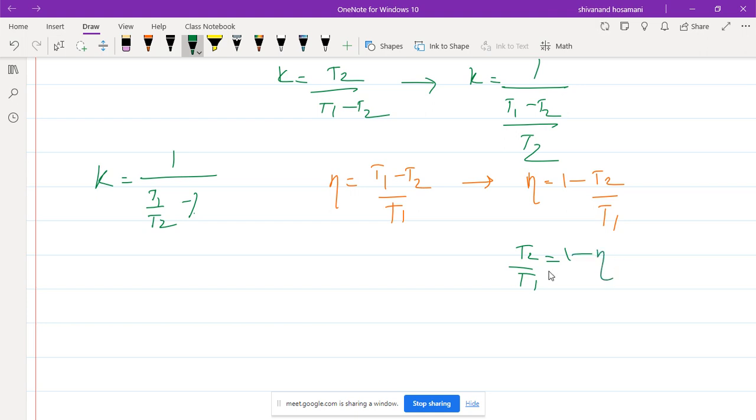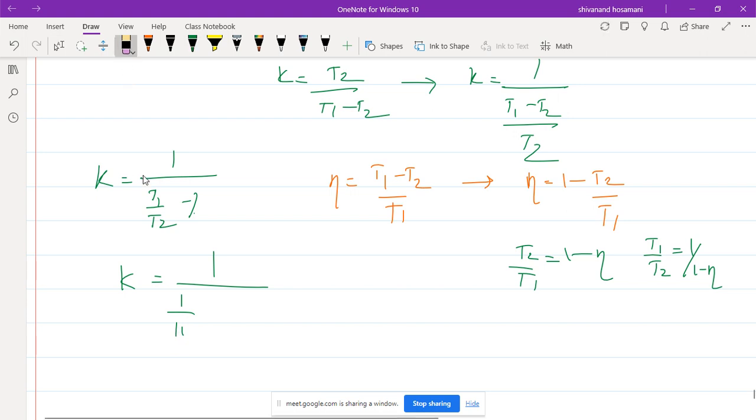So T1 by T2 is equal to 1 divided by 1 minus eta. Back-substituting into the coefficient of performance, K is equal to 1 divided by T1 by T2 minus 1, which is 1 divided by 1 divided by 1 minus eta, minus 1.